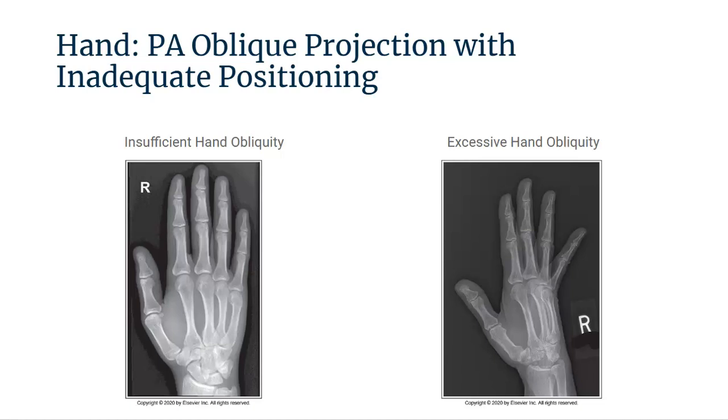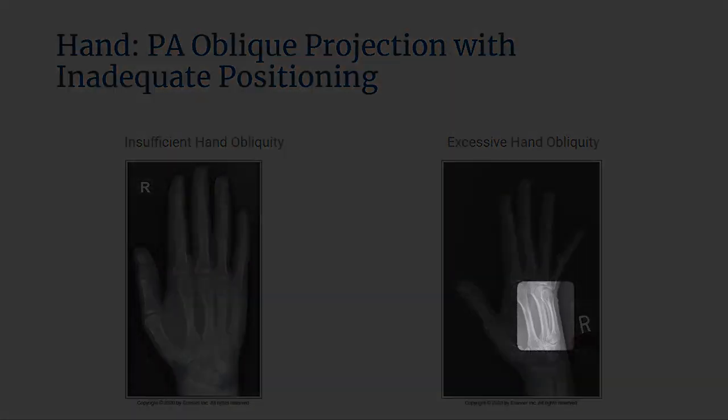On the other hand, excessive hand obliquity happens when the hand is rotated more than 45 degrees. In a properly positioned PA oblique, a small space should be visualized between the 4th and 5th metacarpal midshafts.